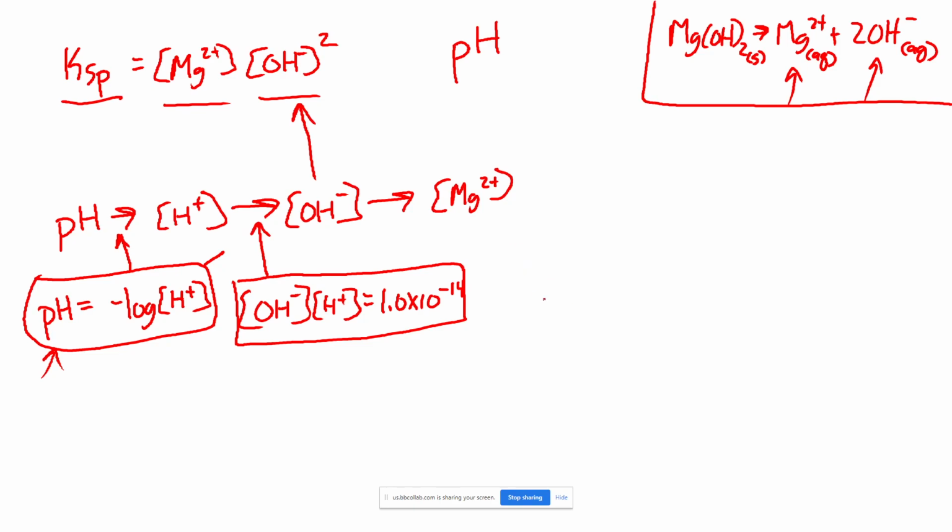So essentially, whatever the concentration of OH minus is, one half of that concentration is equal to magnesium.